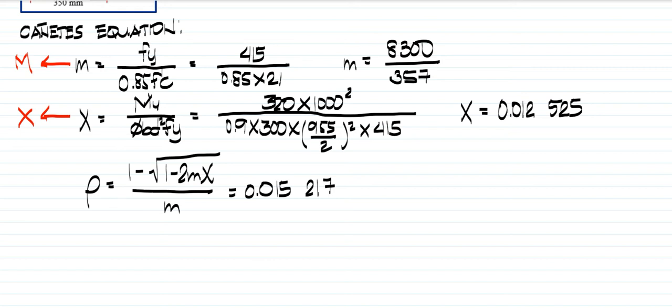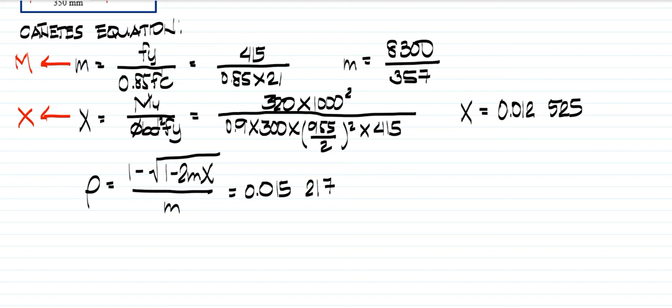So ito na ngayon yung steel ratio required natin by using the Cañetes equation. You can use any equations you want for the steel ratio. Meron naman tayong tatlong types ng equation na pwedeng gamitin.